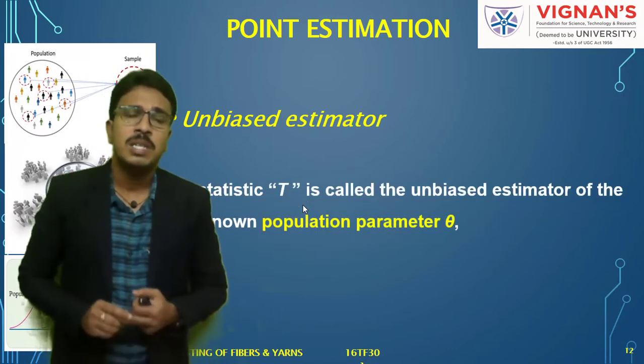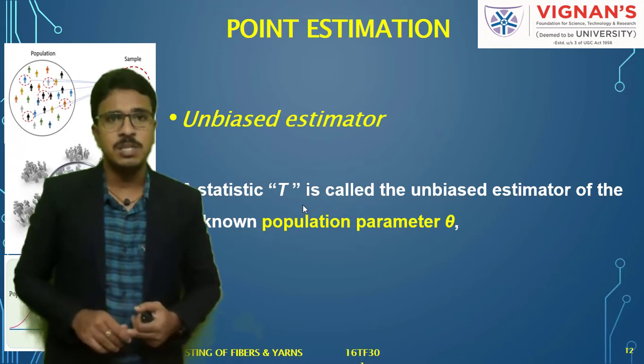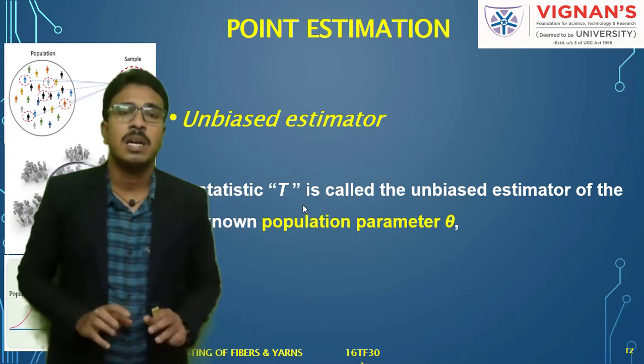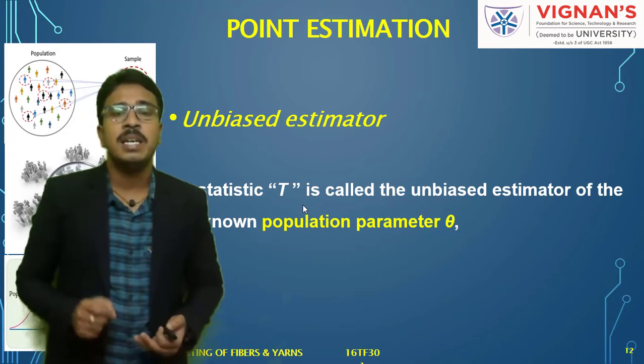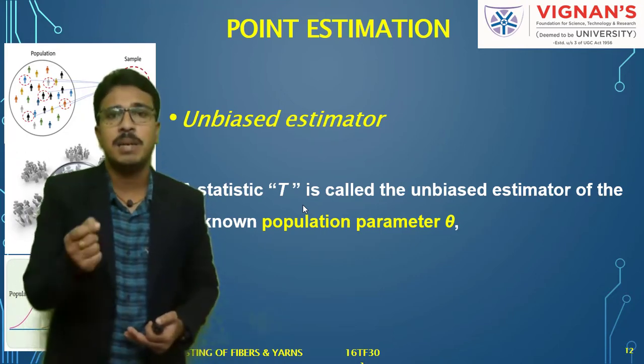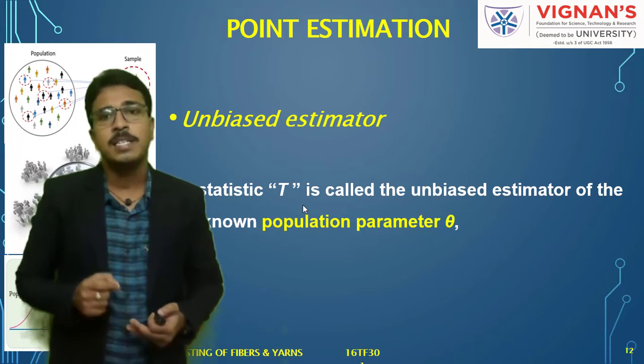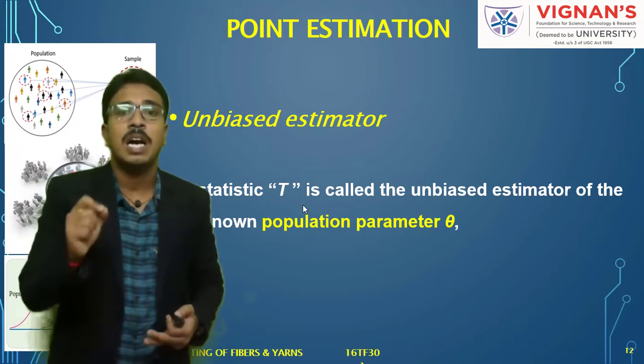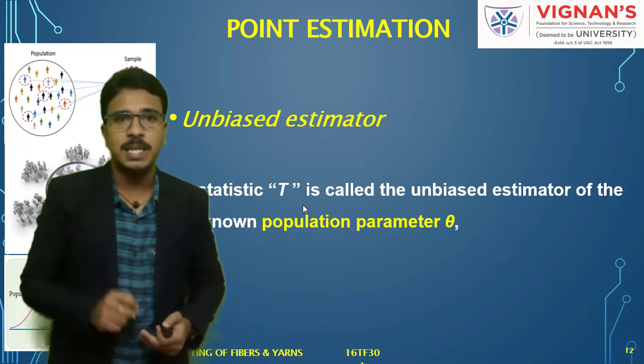Now in this method, or in this process, we are finding the mean and variance. For that we take a statistic, which we represent with T, and it is called the unbiased estimator of the unknown population parameter theta.